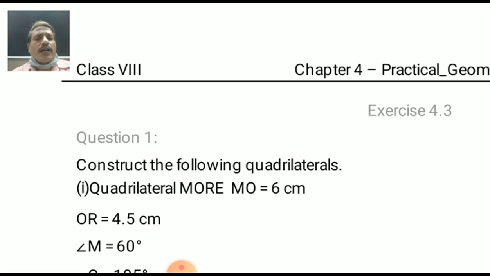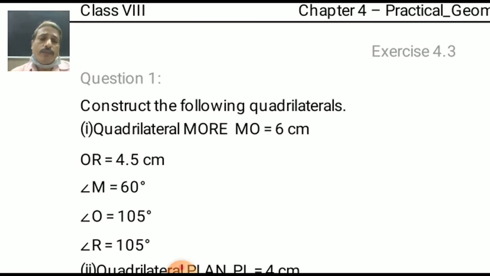Construct the following quadrilaterals. There are 4 questions. First, MORE, where MO is 6 cm, OR is 4.5 cm, angle M is 60 degrees, angle O is 105 degrees, angle R is 105 degrees. See students, here 2 sides and 3 angles are given.